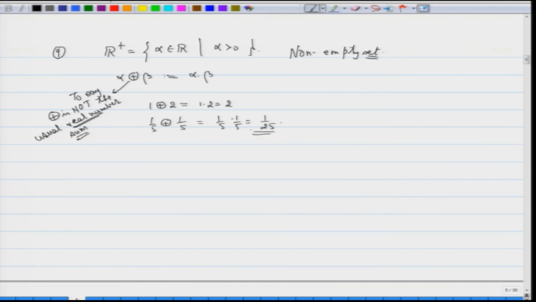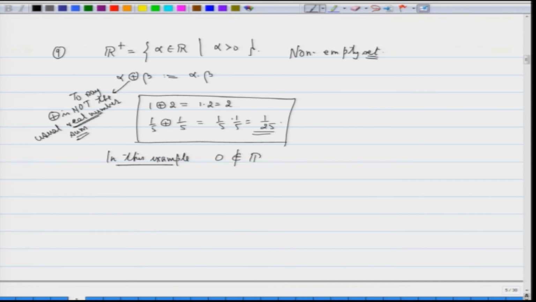Is that okay? The vector addition that I am defining has changed. Fine. So, in this example, 0 does not belong to R plus.